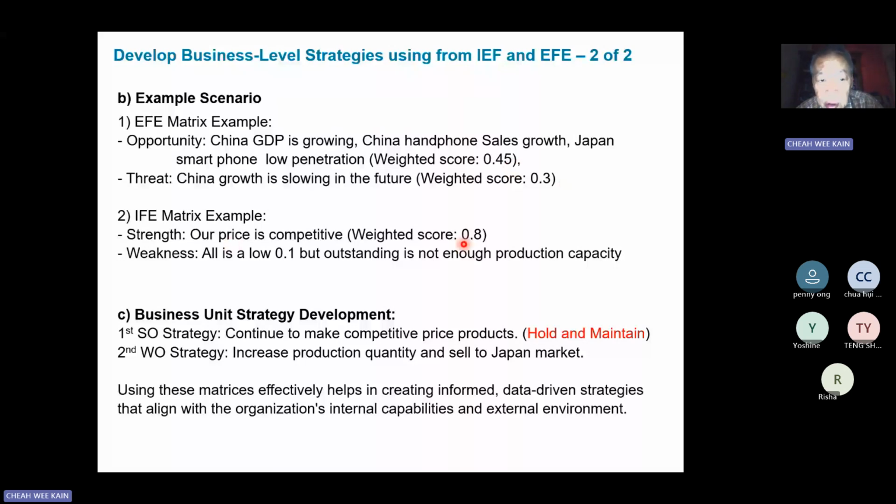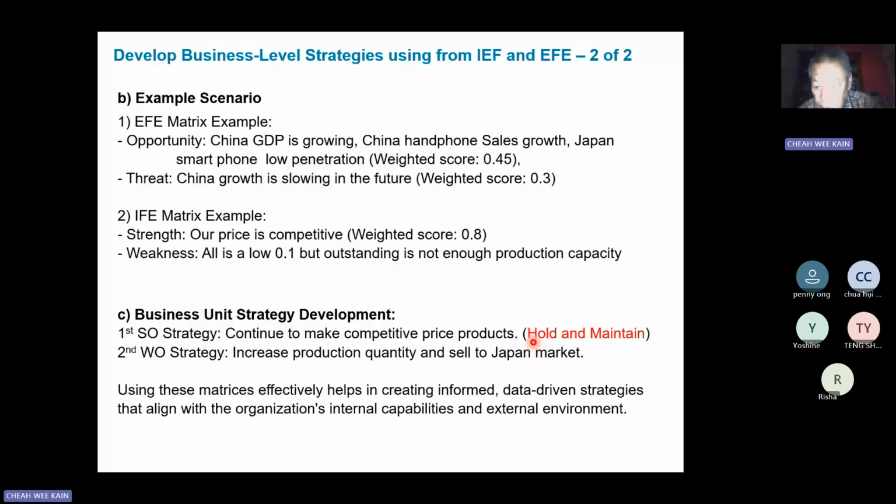So you will look at this strength versus this opportunity. What should you do? The first SO strategy is continue to make competitive price product. Why this strategy? Because your strength is your price is competitive.